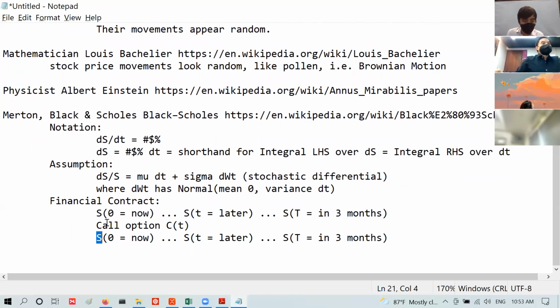There's a C now, C later, and C in 3 months' time, except C in 3 months' time is equal to the maximum of ST minus K, and 0. Now, what does this mean?